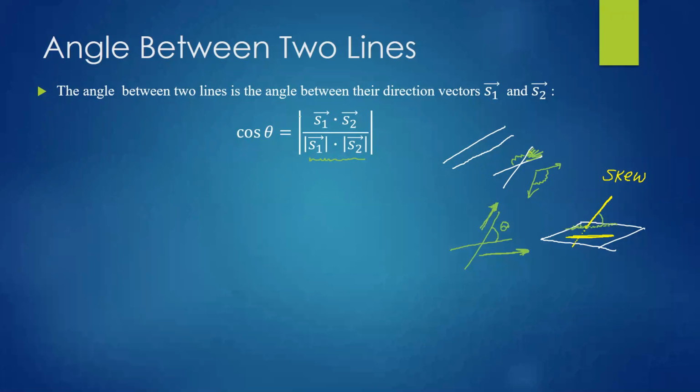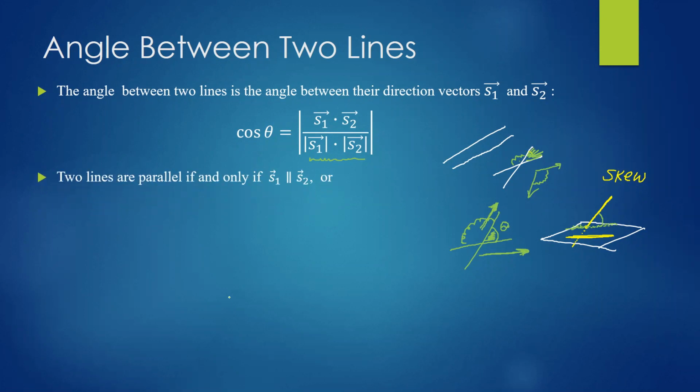Only now, if it's negative, we put the absolute value on it, simply to make it positive, so that with positive cosine, we will always get the acute angle. If you allow the cosine to be negative, then you will actually get the corresponding complementary angle. Or was it the supplementary angle?